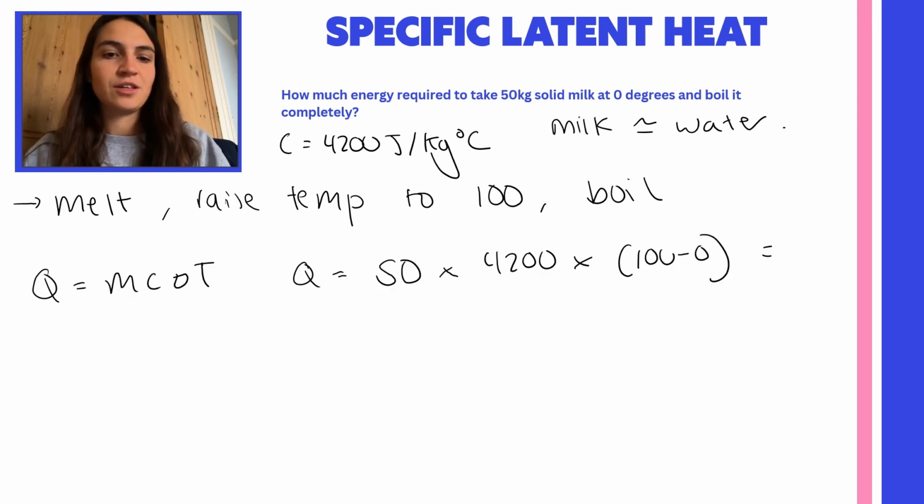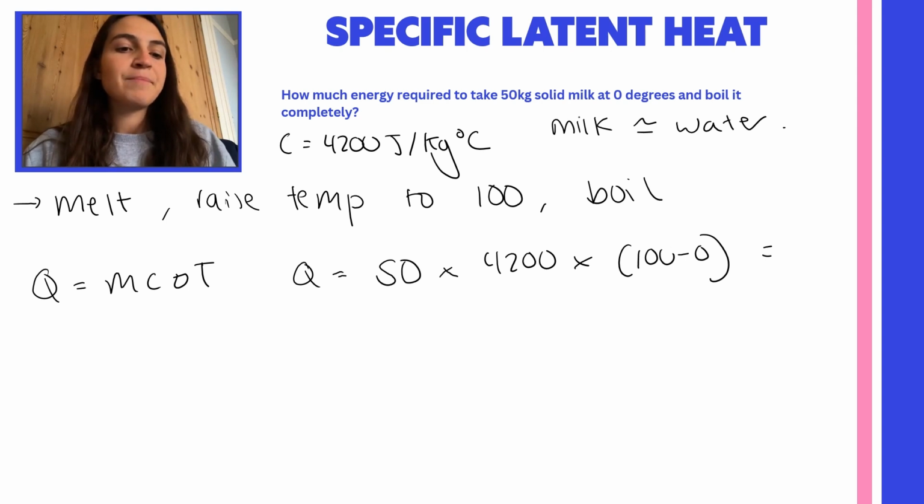We are going to find the amount of energy first required to change that milk's temperature once it is melted from 0 degrees to 100 degrees. So Q equals MC delta T, therefore the energy required is going to be the mass of the milk, 50, times 4,200.